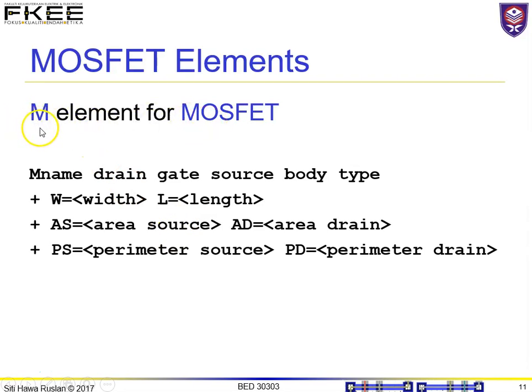M is the first letter, then the name, might be PMOS or NMOS, and it is located between drain, gate, source, body. Body is your bulk, and then the type, whether it is NMOS or PMOS. Plus you have W, which is equal to width, L equal to length, and so on. This is the model for that particular MOSFET. Different engines will have different models.